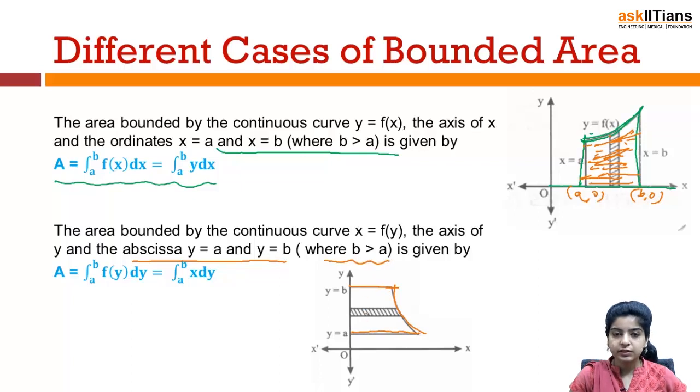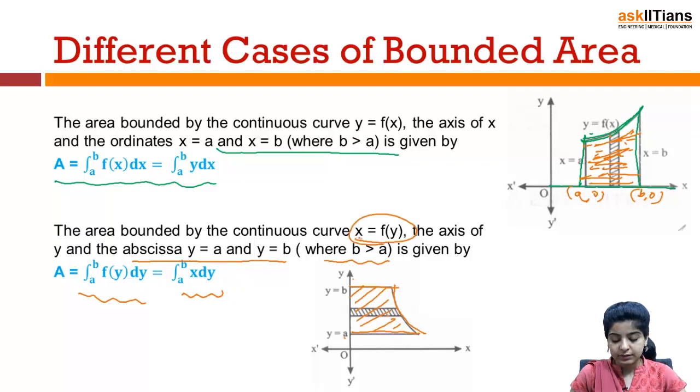Therefore we are required to find out this area. This strip is denoting that this is the area that we are required to compute. Then this area would be given by, as we discussed in the previous case, A equal to integral a to b f(y) dy, that is equal to integral a to b x dy, because our f(y) is x.